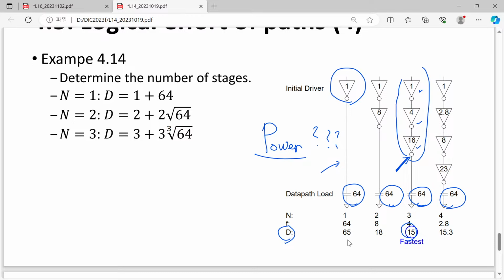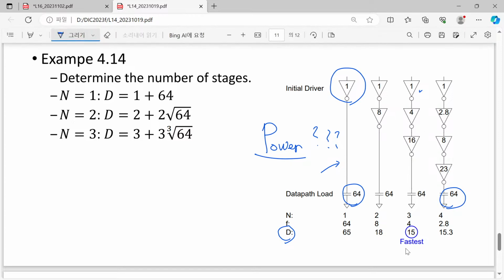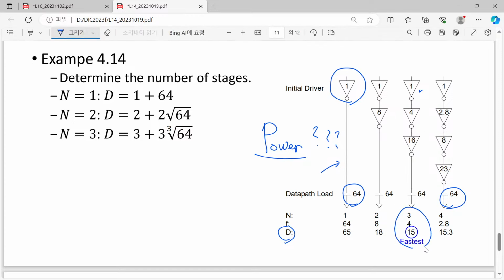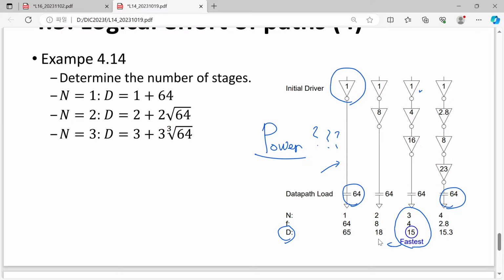So simply speaking, in order to achieve the fastest operation, we have to spend additional power. But now let's say that in certain cases, we are really power hungry. Then what we can do now is, instead of taking the fastest one, we can try to use this sub-optimum one.